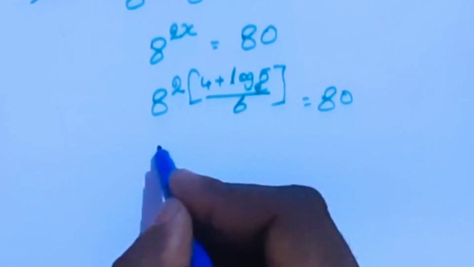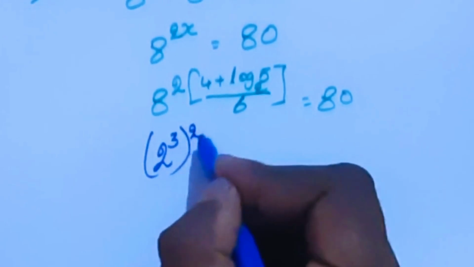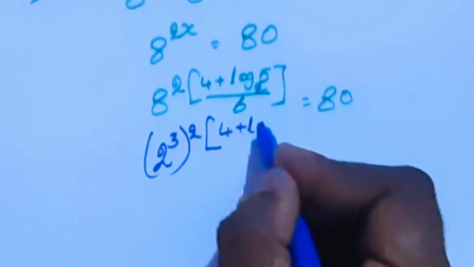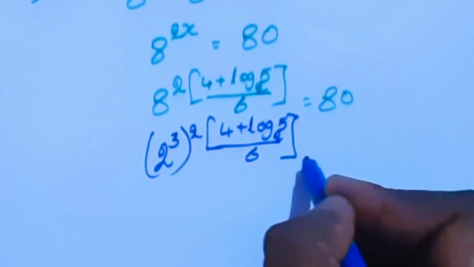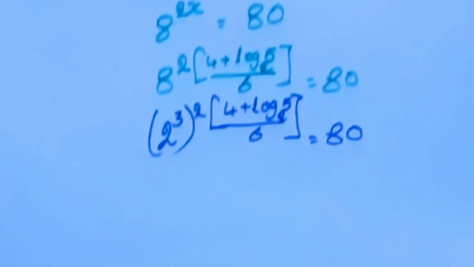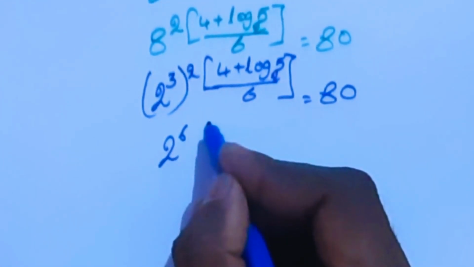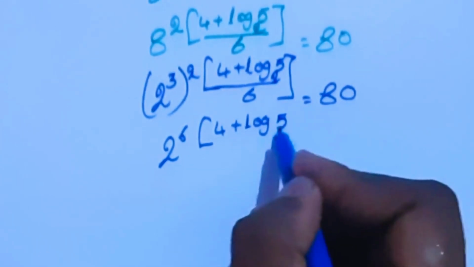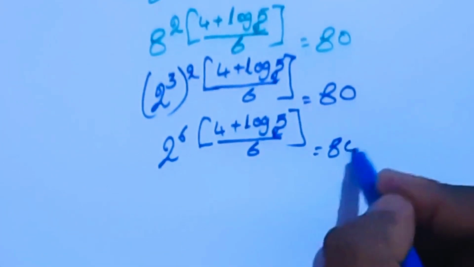Now this 8 can be written as 2^3, whole power this 2 times (4 plus log 5 base 2) divided by 6 equals 80. Now 2^6 times (4 plus log 5 base 2) divided by 6 equals 80.